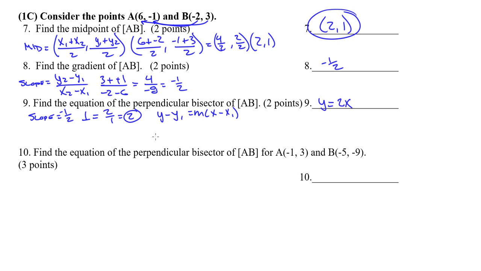Now, here's a common mistake I saw a fair amount of people making on this one. A lot of people chose to put either of these 2 points in, but you got to put your new midpoint in because it's saying the equation of the perpendicular bisector. So just so you get an idea here, let's say this was our line, say (6, 1) and (negative 2, 3). We are finding the perpendicular bisector. So we cut this line exactly in half. That's this midpoint right here.